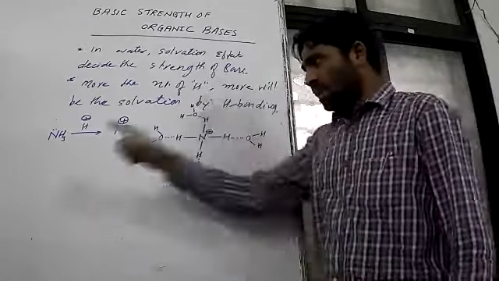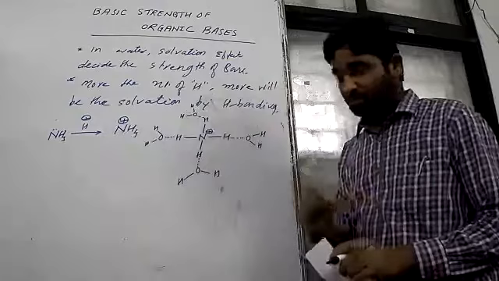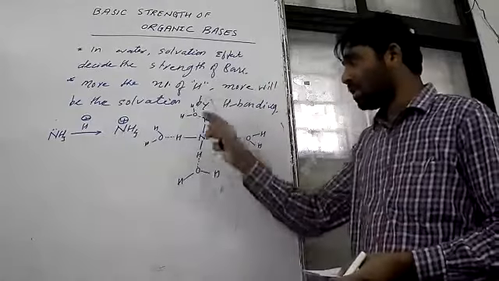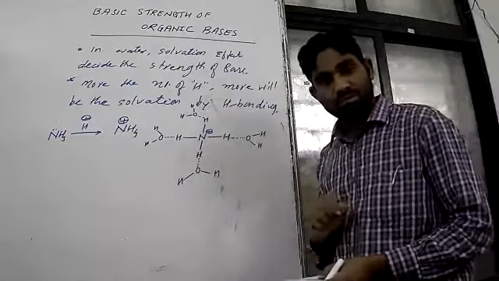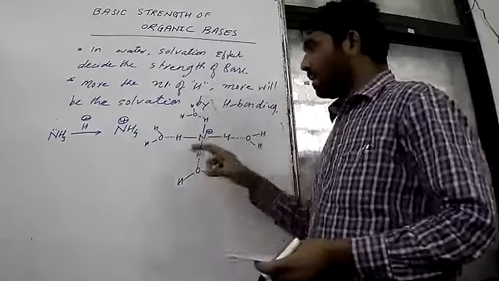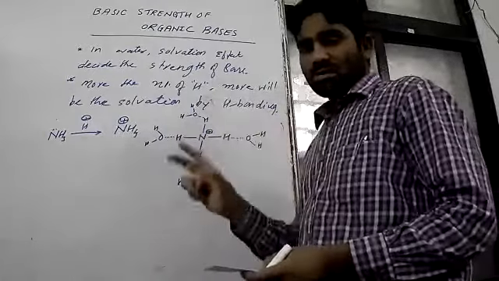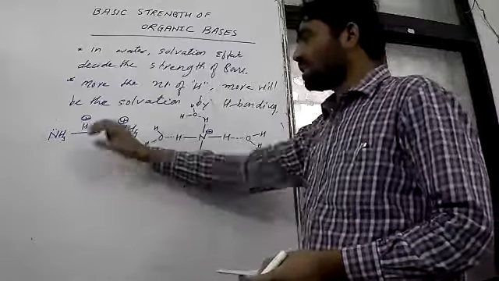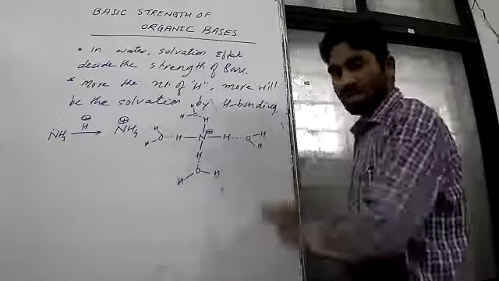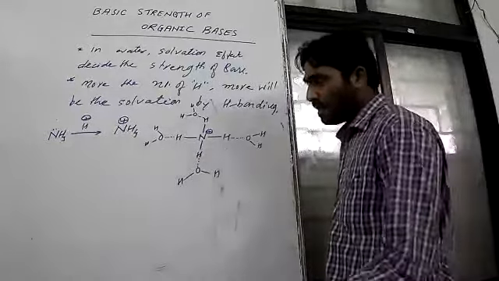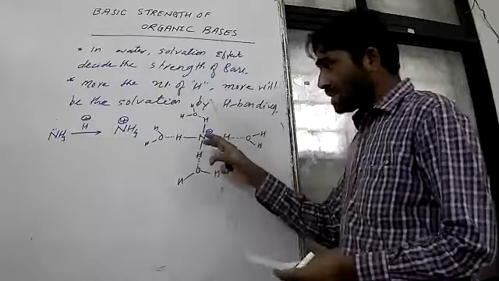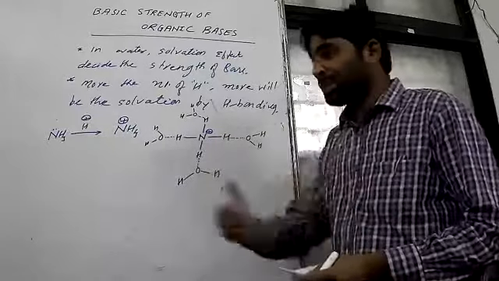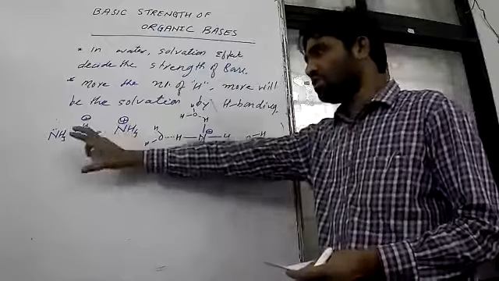So ammonia is highly solvated, right? Ammonia is highly solvated because there are 4 hydrogens attached to nitrogen after the abstraction of proton. So solvation is highest, but there is no inductive effect because there is no alkyl group.